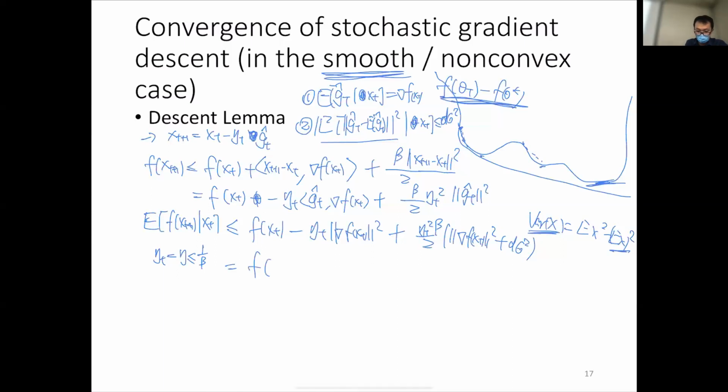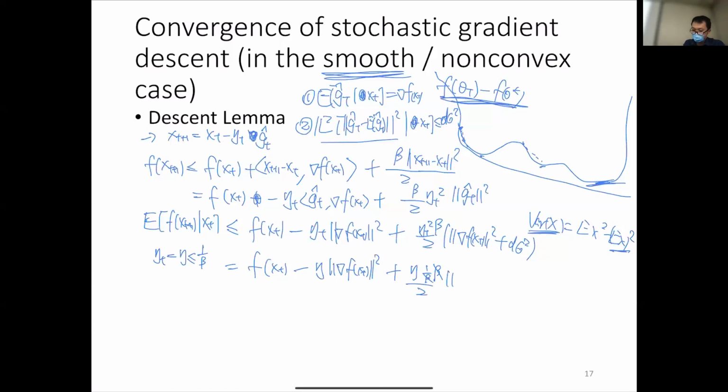So this becomes minus eta times the norm of the gradient of f at x_t squared, plus eta over 2 times 1 over beta, and these two, the beta and the 1 over beta, cancel.